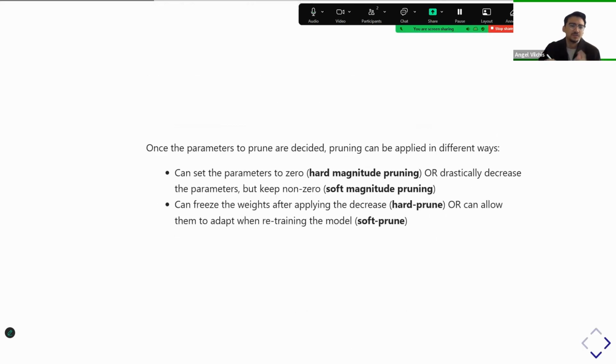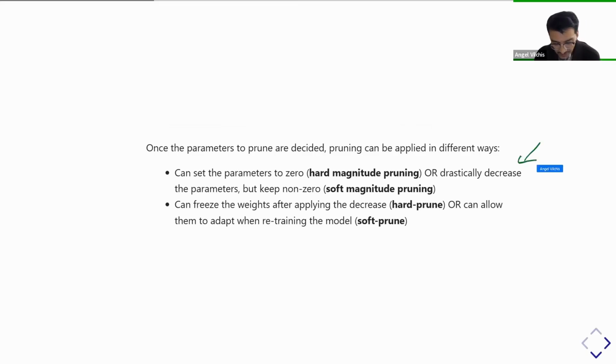But let's just assume we know what parameters are unimportant. How do we apply the pruning? There's one thing known as hard magnitude pruning versus soft magnitude pruning. That's the idea that we could either set the weight to zero, or we can reduce it significantly, but it's still not zero.